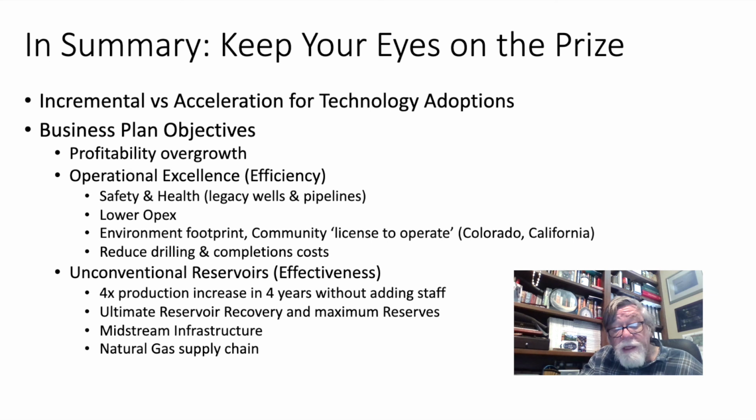And it's a whole system. It includes the midstream. It includes the natural gas part of the reservoir chain as well. So there's a lot to think about. But a lot of technology are very interesting enablers for a lot of this change. But don't let the technology just be the distraction. Keep your eye on that economic prize.